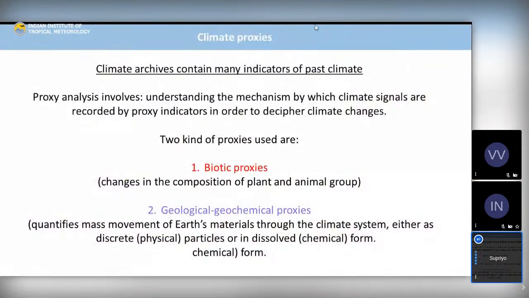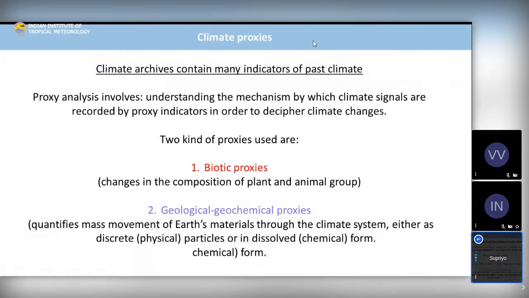Climate proxies are defined. There are mainly two kinds of proxies. One is called biotic proxy, another is called geological or geochemical proxies. Biotic proxies consist of plants and animal groups, and they respond to different climatic parameters.